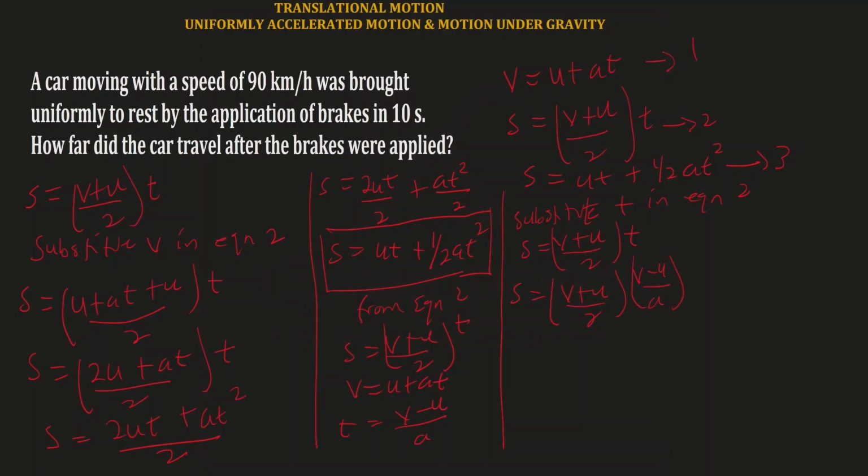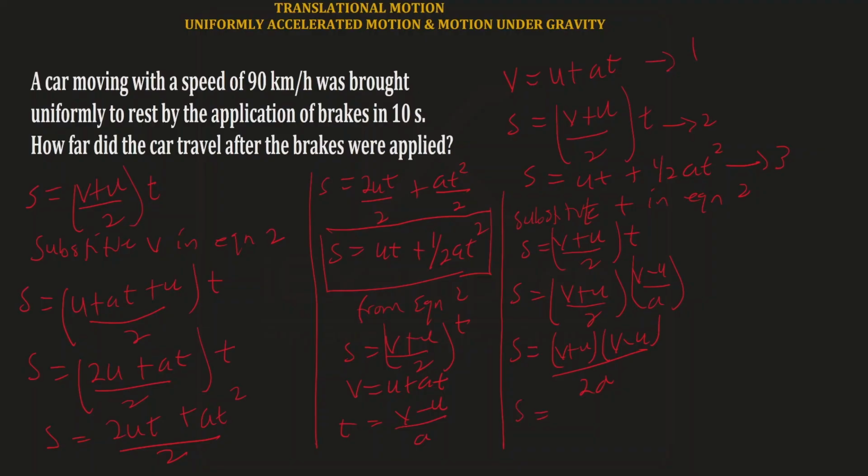And let's multiply numerators and denominators. Multiplying the numerators, we have v plus u multiplied by v minus u, and the denominator will be 2 times a, which is 2a.